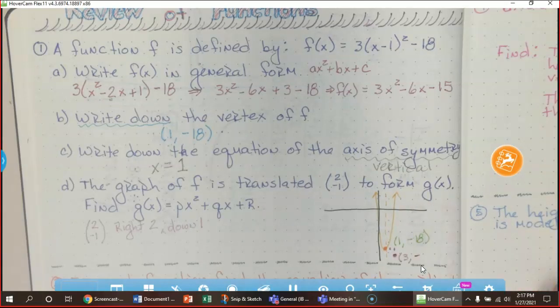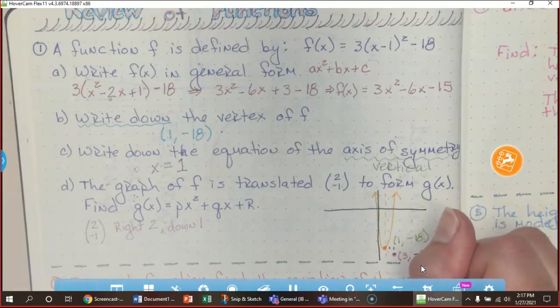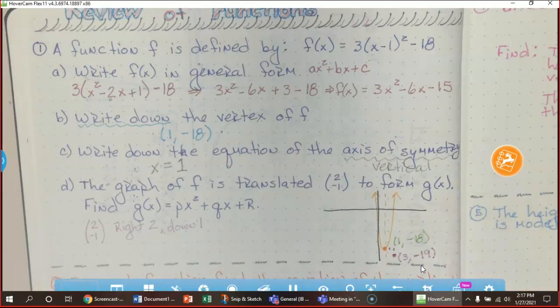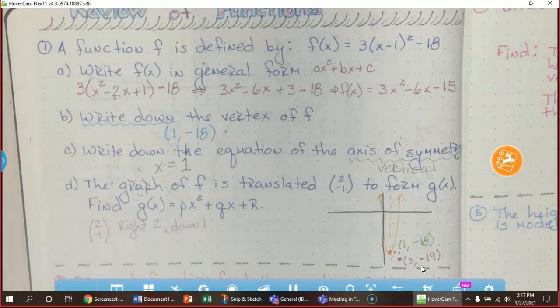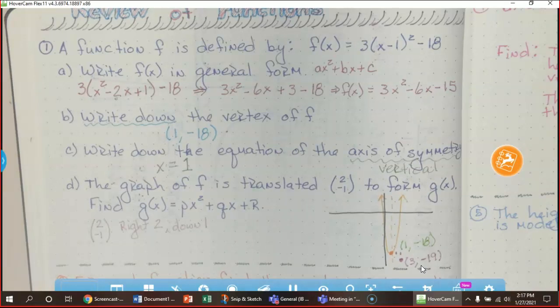Try again. So we went to the right 2 and down 1. So that (1, -18) now changes to be the point (3, -19).